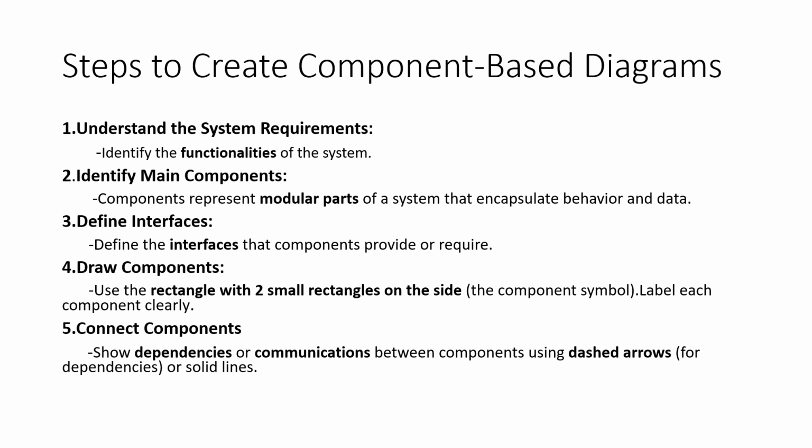After that, we will define interfaces which are useful for the components, and then draw the components. A component is represented by a rectangle, and at the right side of that rectangle, there are two small rectangles. After drawing the components, we will connect the components using relationships such as dependency, aggregation, and so on.